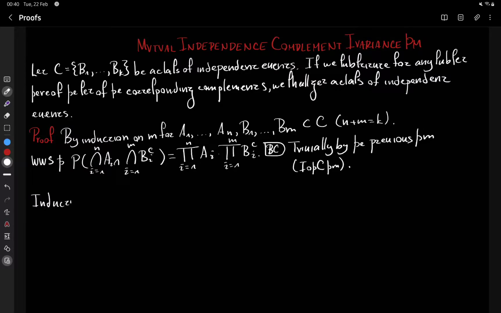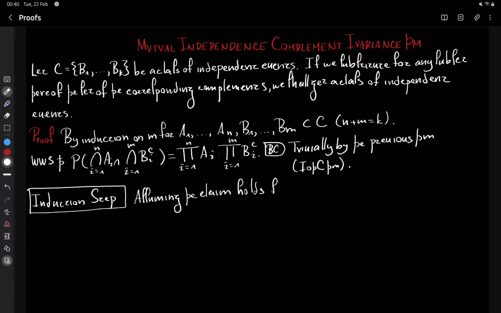So, induction step: assuming the claim holds for B1 up to Bk, we wish to show it also holds for B1 up to B(k+1).